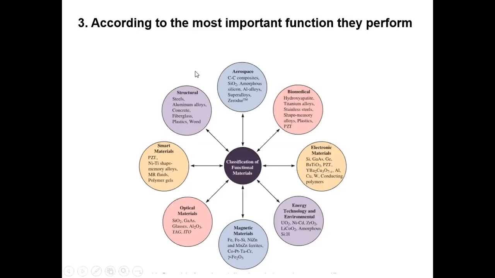So the function is as a structural material. If it is optical materials, we can group silicon oxide, gallium arsenide, glasses, aluminum oxide as one group. So this depends on their function.